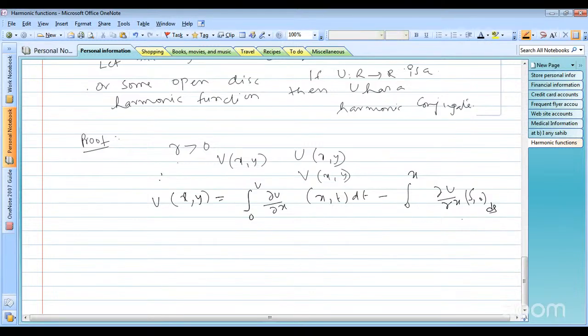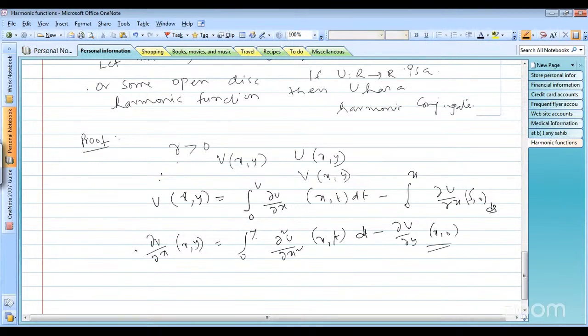Taking the integration of both, we get ∂v/∂x(x, y) as the integral of the second derivative ∂²u/∂x²(x, t) dt from 0 to y, minus ∂u/∂y(x, 0).